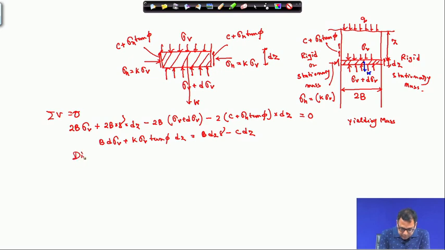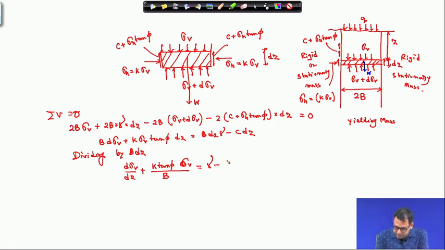Dividing by b dz, we get d sigma v divided by dz plus k tan phi into sigma v divided by b equal to gamma minus c by b. This is the expression.